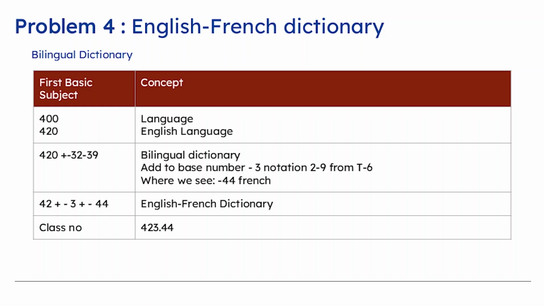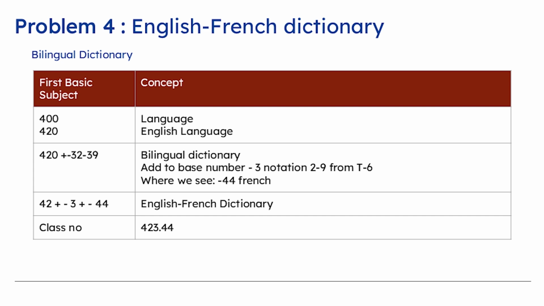from table 6. That means we have to go to table 6, where we will see different language numbers given between 2 to 9, and we have to take the particular number we need. We want the French notation here, because 400 is language, 420 is English language, so we need another bilingual language. The next language is French.